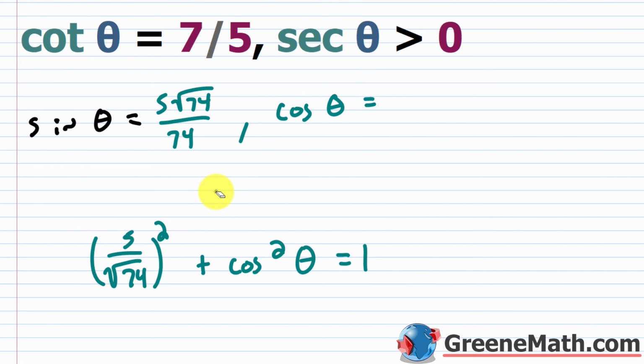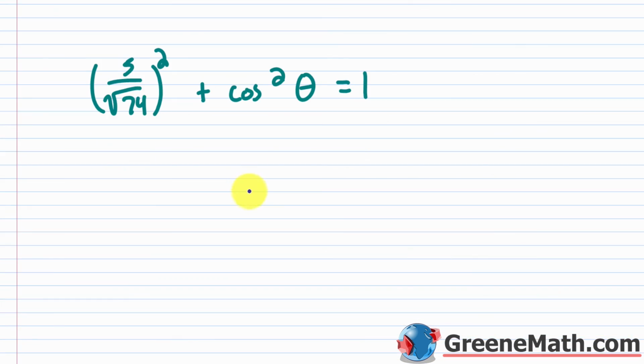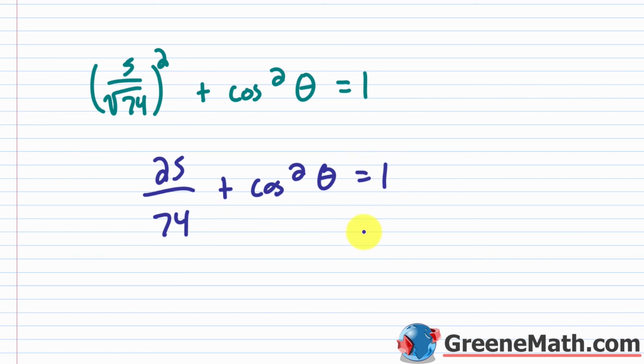And so let's come down here a little bit. And if I square 5, I get 25. If I square the square root of 74, I get 74. Okay, so let me put plus cosine squared theta is equal to 1. So I'm going to subtract 25 over 74 away from each side of the equation. So I'm just going to erase it from over here and put minus 25 over 74 like this.